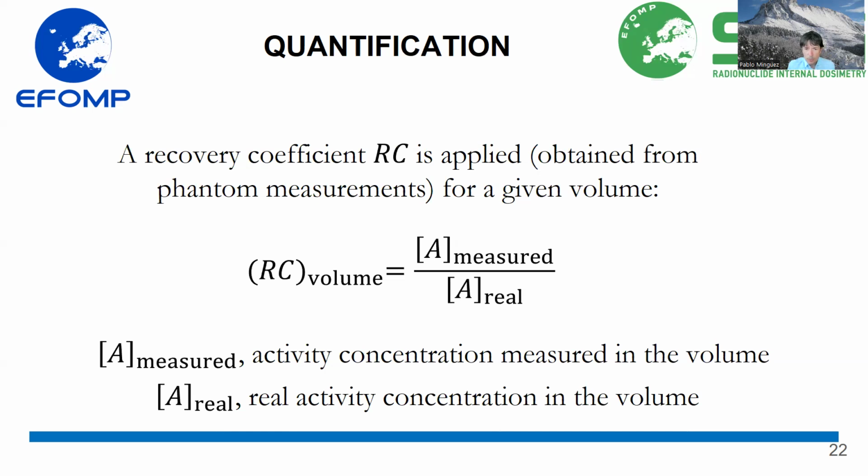This way we are going to obtain a curve of the recovery coefficients as a function of the volume. So if we get this curve, we can extrapolate or interpolate the curve to obtain recovery coefficients for our volume.